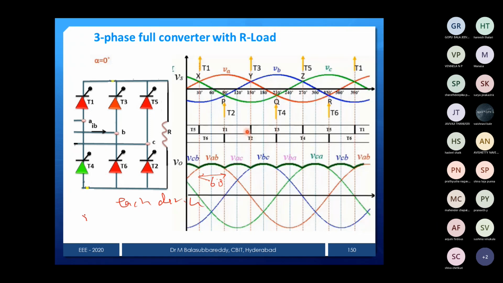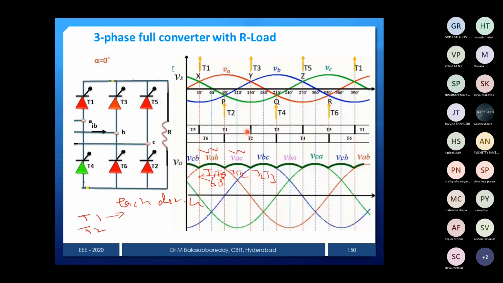I am asking whether it is T1 or T2 or anything. This 60 degrees is for a pair of devices. Pair means here T1 as well as T6, or here T1 and T2. So these two, T1 and T2, will conduct together for 60 degrees, and here T1 and T6 together for 60 degrees, and then T2, T3 will be 60 degrees.